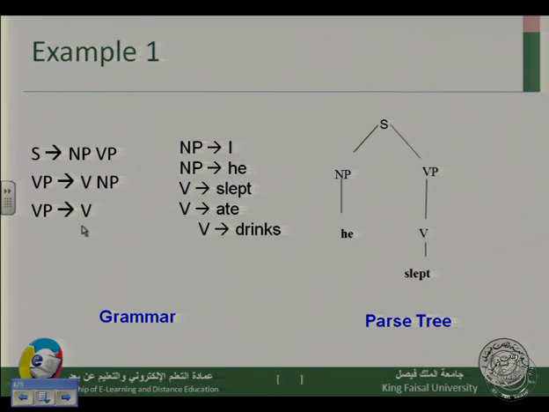So you give all the regular patterns to the computer, all the possibilities, and then you tell the computer that a noun phrase can be like I or he, a verb like slept or ate or drinks with an S. Okay, so you give all the possibilities to the computer, and then you give the computer the parsing tree like this. So there is no problem. Sorry, there is no problem so far.